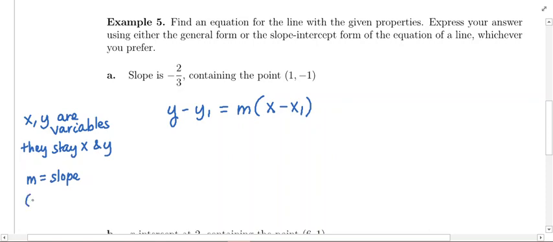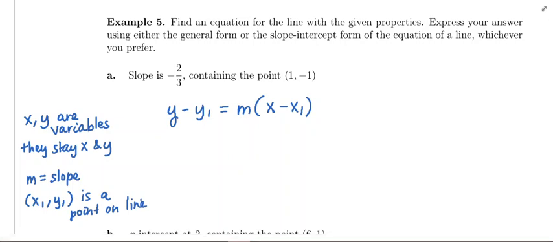And in this equation, you see x1 and y1. x1, y1 is a point that you know is on the line. That's actually what we know: the slope and a point on the line. So we're going to plug in the point and the slope, and then we're going to turn this into y equals mx plus b form, and we're going to be done.